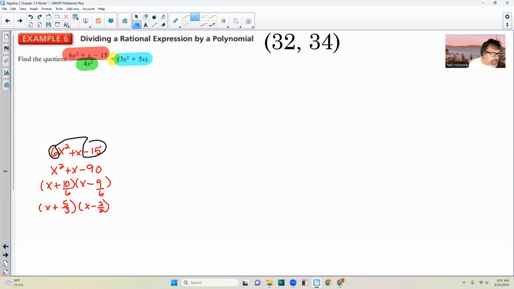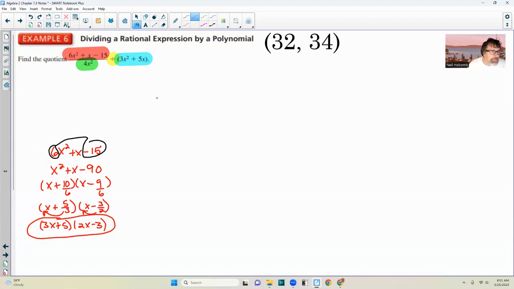And since they're not integers, the denominator goes out in front like so, and I get 3x plus 5 times 2x minus 3. So if I FOIL that, 3 times 2 is 6x squared, outers minus 9x, inners plus 10x, which gives me x, and 5 times 3 is negative 15. So here is this factored.